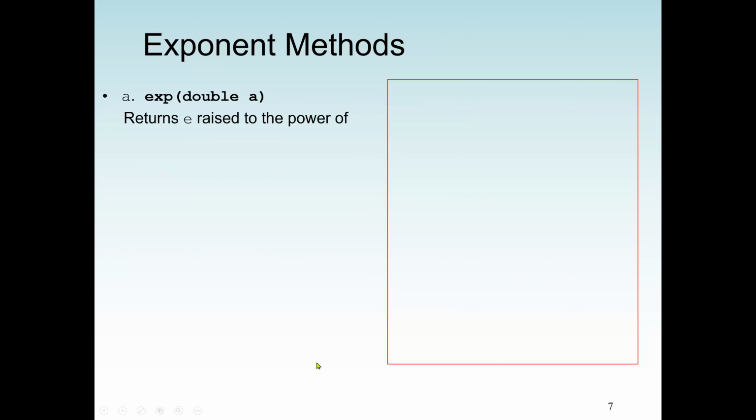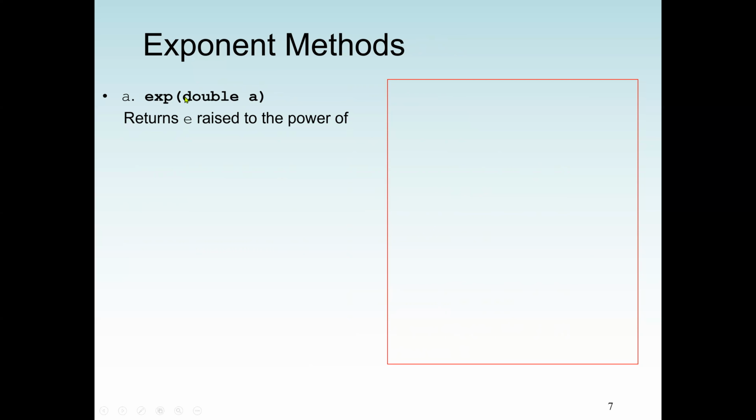Next, we go to the exponent methods. We have the exponent, lowercase exp. It takes one argument, whatever the value is. So let's say e raised to the power 3, the argument will be 3 or 3.0 since it's double.